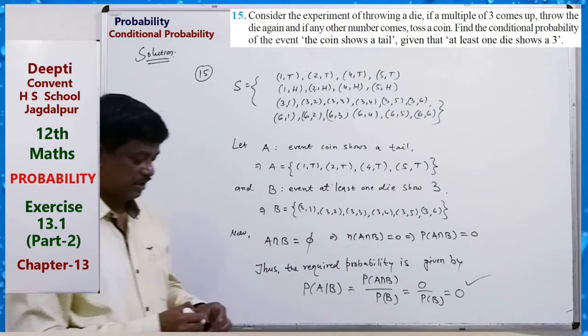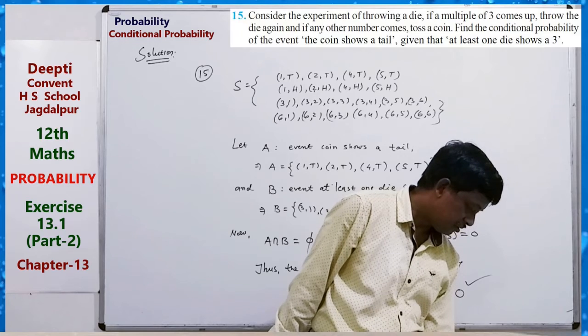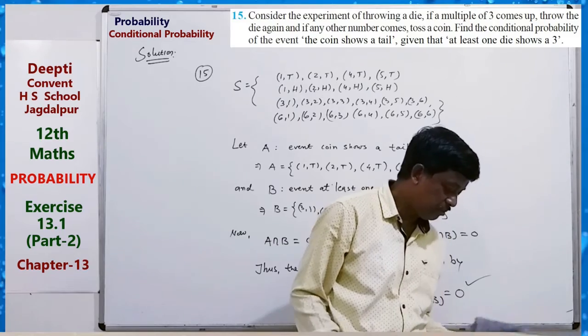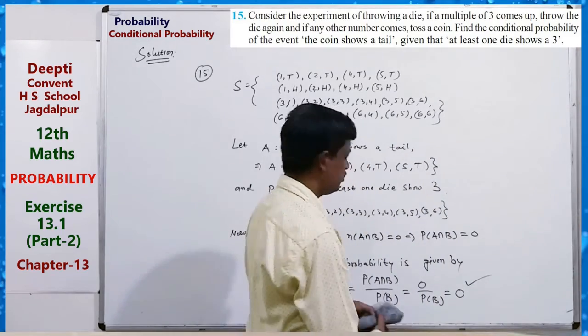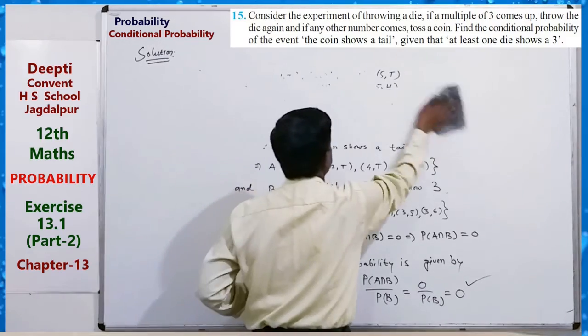Clear? Now there are two questions remaining. Objective questions: P(A) half, P(B) 0, then P(A|B) is not defined. So very clear.